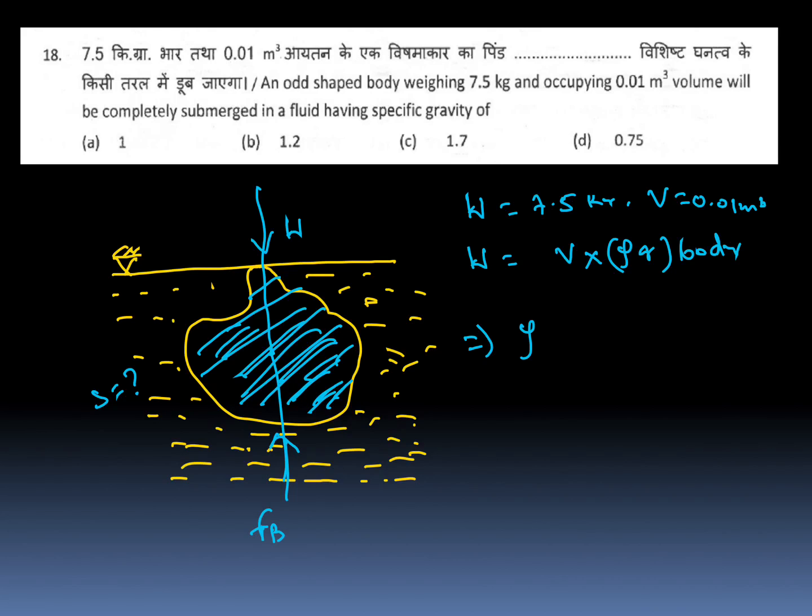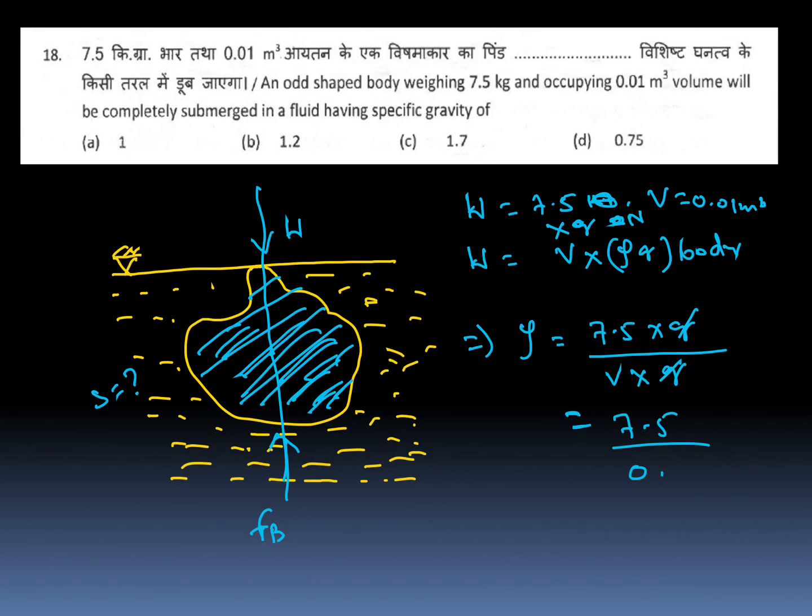The unit will come in Newton, so rho equals 7.5 into g divided by V. g you can cancel, so 7.5 divided by 0.01, leave it.